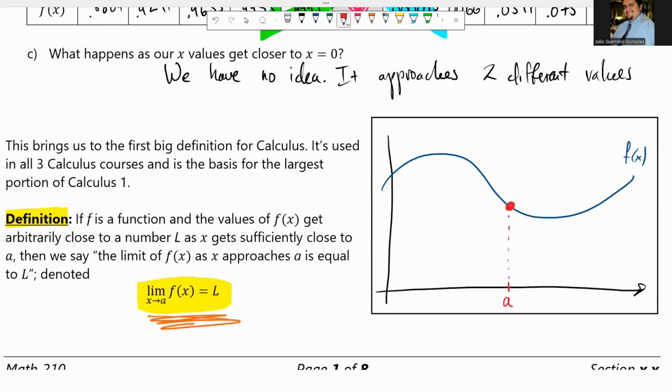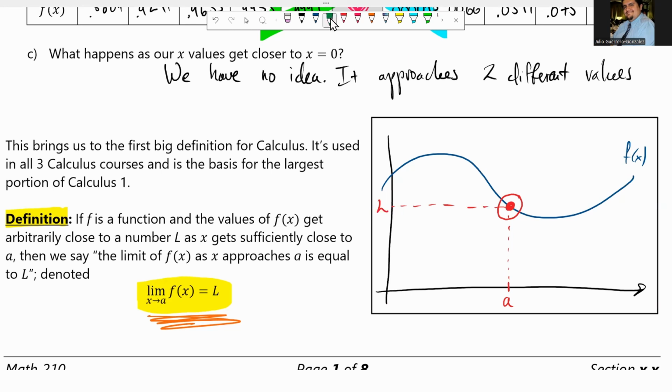So then this value right here is going to be a value L. Now, look at what I'm doing. This is a value L, not f of a. Because as we saw from above, right at this point, this value may not exist, but we can still reference the point that it's approaching.